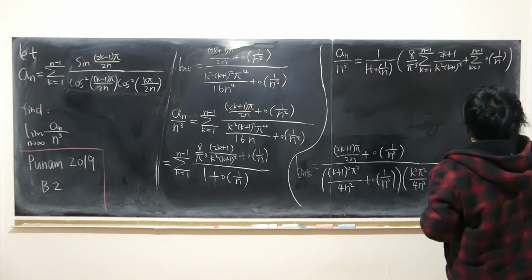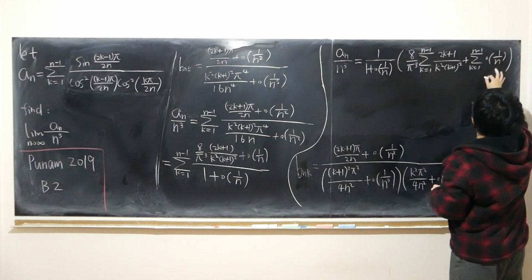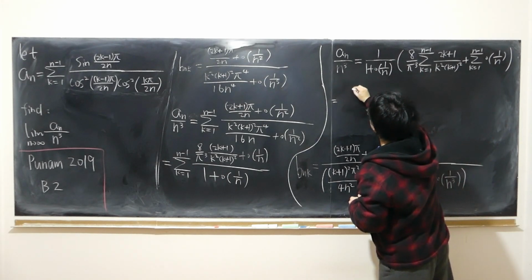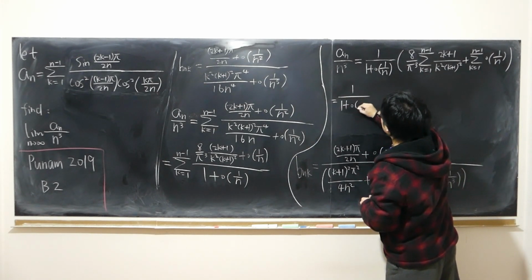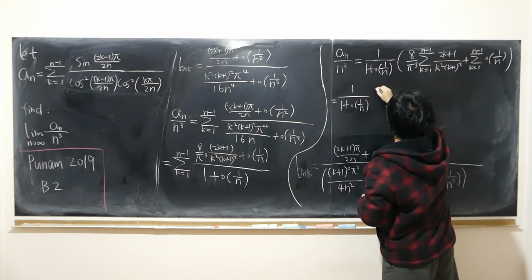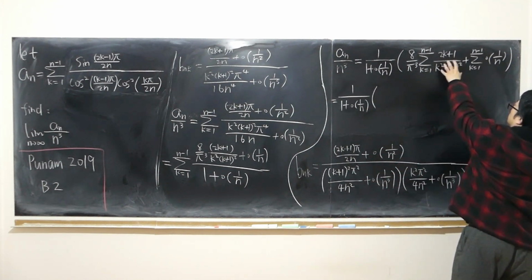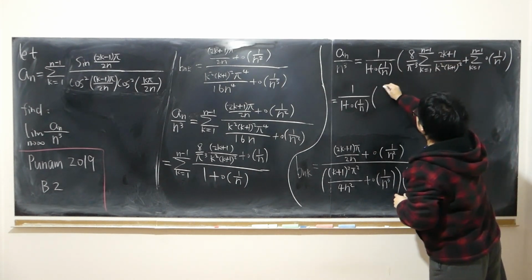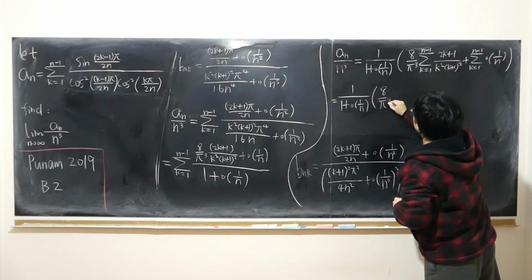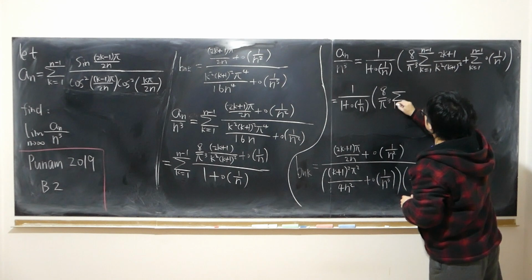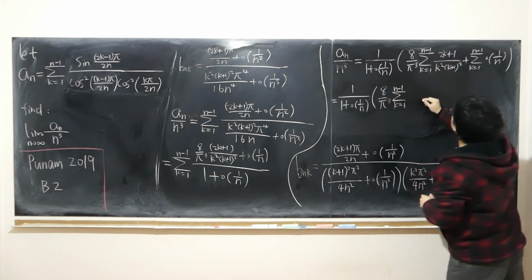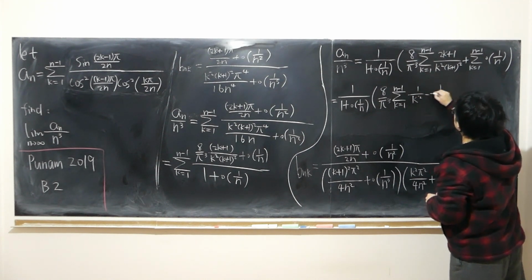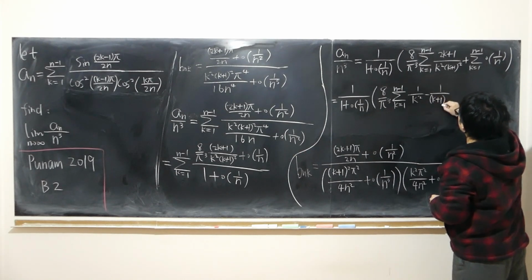So this sum, when n approaches infinity. In fact, copy this one down. We can separate this into the difference of two terms, which is 1 over k squared minus 1 over k plus 1 squared.